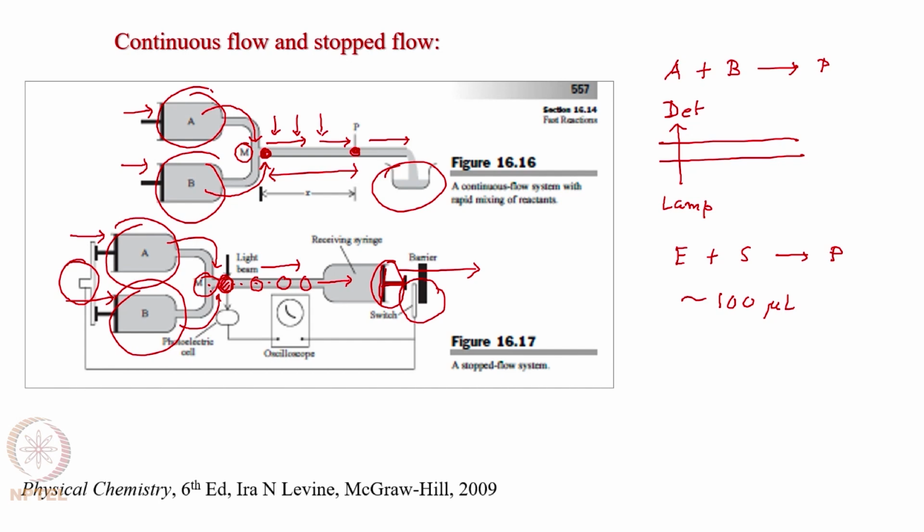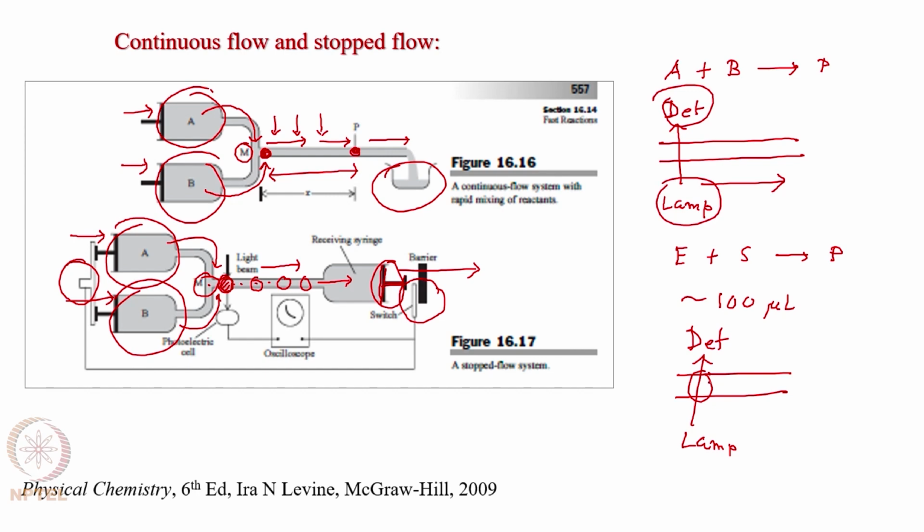So I can choose one particular location along the tube and then take my data over some interval of time. The difference here is that I'll put the same thing, lamp and the detector, but this time I'll fix the position, I'll not change the position. Earlier I had to scan the lamp and the detector together along this tube, so that I can get temporal information for a spatial location.